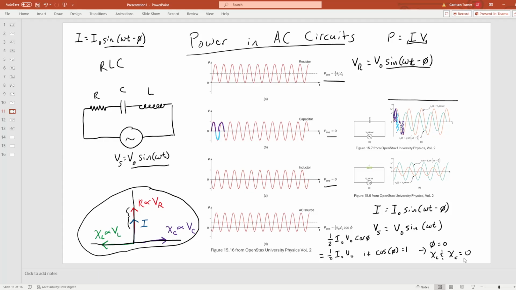So if the cosine of phi goes to 1, then that will typically mean that your inductor and capacitor either don't exist, they're not in the circuit, or your circuit is at the resonant frequency. Okay, so note that. Okay, so that is power.